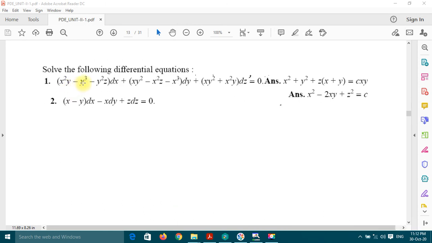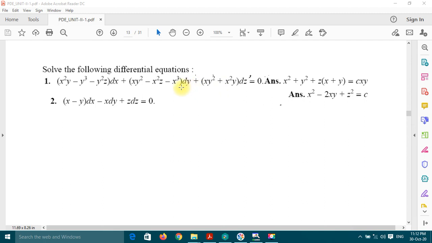x square y minus y cube minus y square z is homogeneous of degree 3, and the coefficient of dy, xy square minus x square z minus x cube, is also homogeneous of degree 3, and xy square plus x square y is again homogeneous of degree 3.